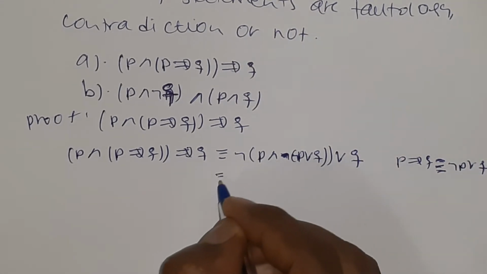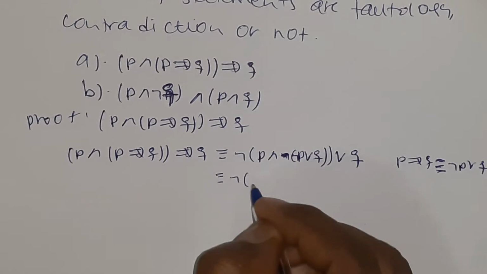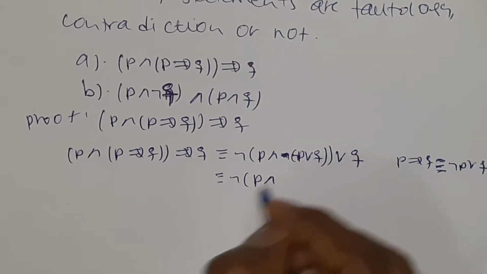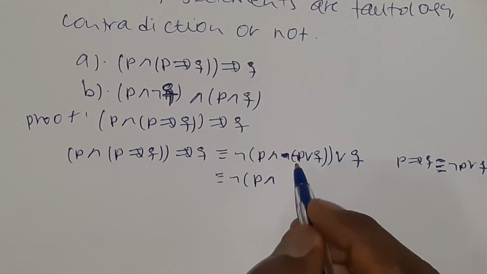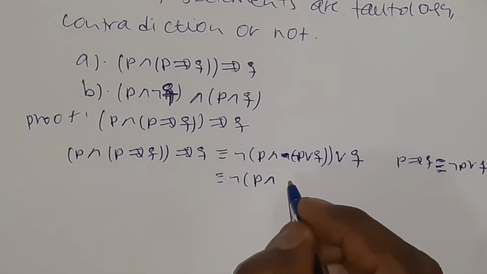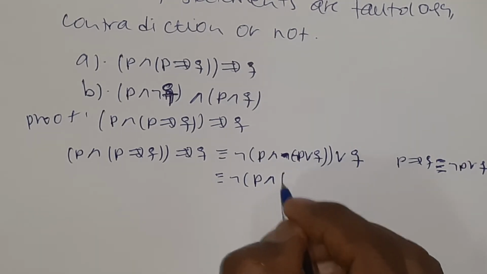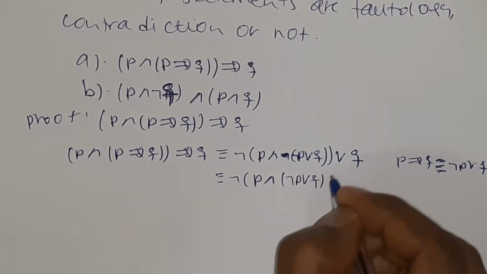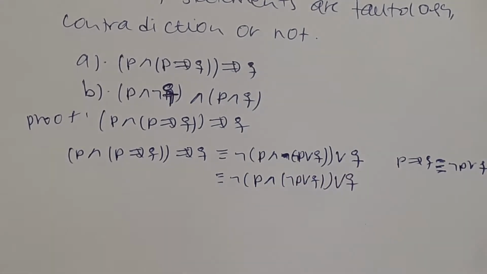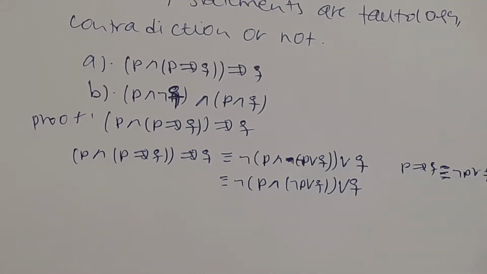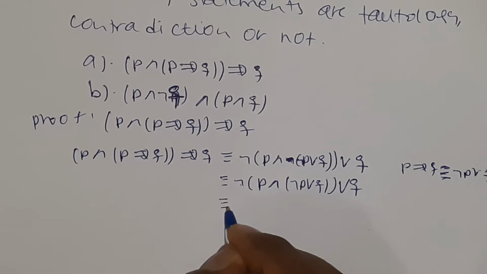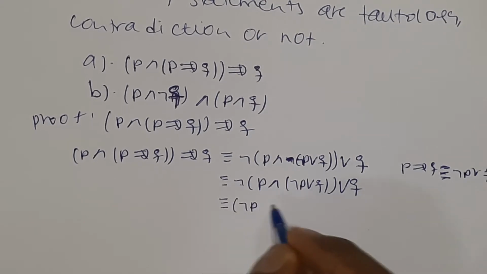Then again, this is equivalent to the negation of [P and (negation of P or Q)] or Q. Then when we distribute this negation over the compound statement enclosed by the outer bracket, it is equivalent with the negation of P. Conjunction must be changed into disjunction.